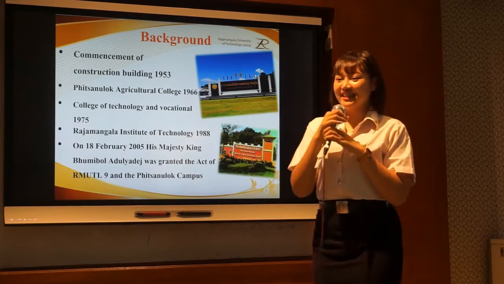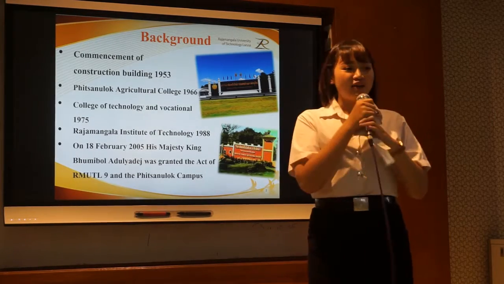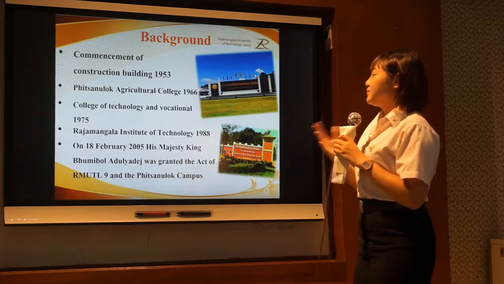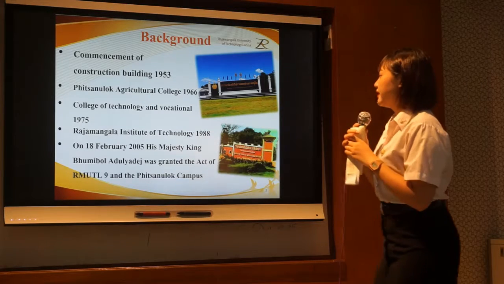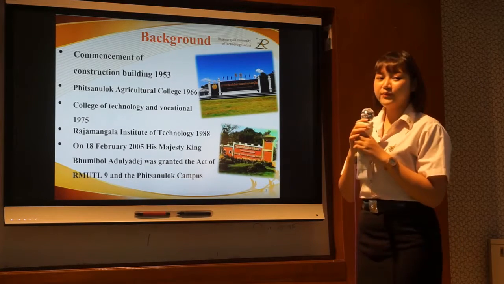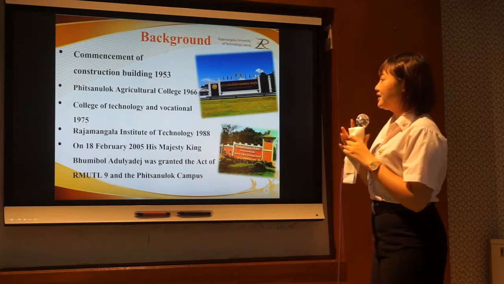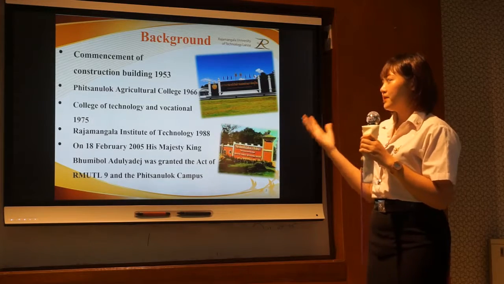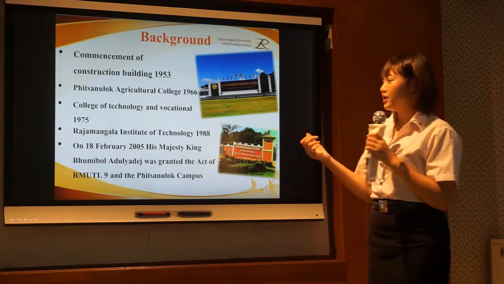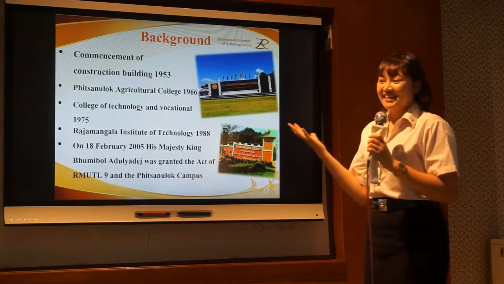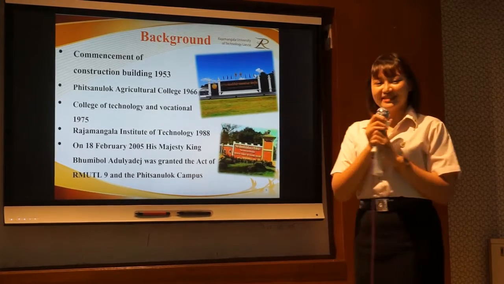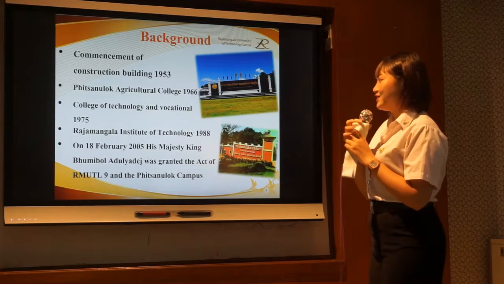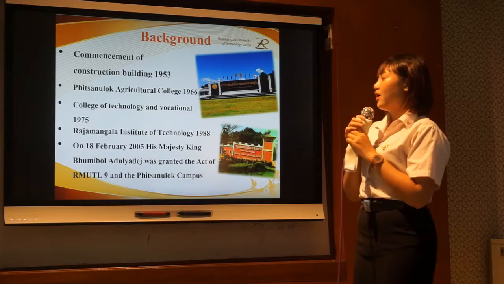In the first slide, this is the background of IMUTL PLC. First, commencement of construction of the building in 1953, and after that in 1966, it became the Pisanulog Agricultural College, and in 1975, it became a College of Technology and Vocational.